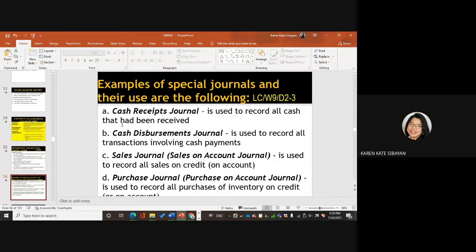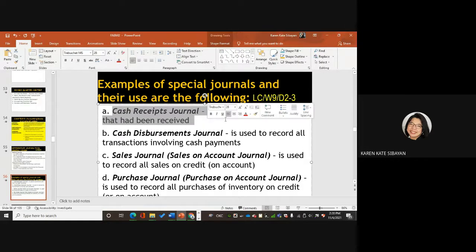Ulitin ko ha, itong cash receipts journal, it is used to record all cash that had been received. In short, lahat ng transaction na binigyan mo ng official receipt, okay, or invoice, dyan mo siya i-record.